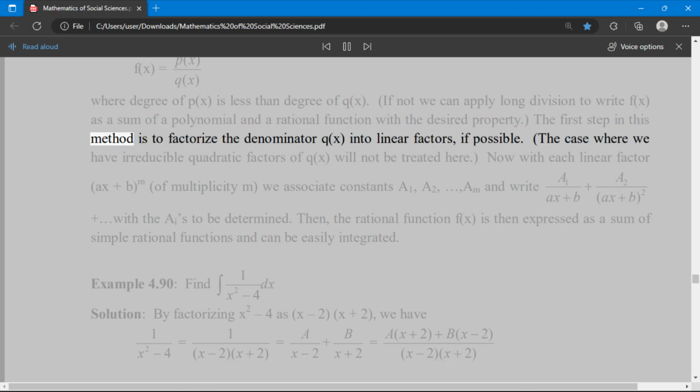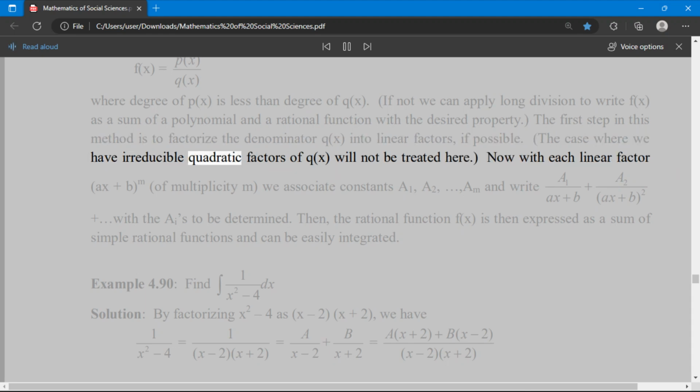The first step in this method is to factorize the denominator q(x) into linear factors, if possible. The case where we have irreducible quadratic factors of q(x) will not be treated here.